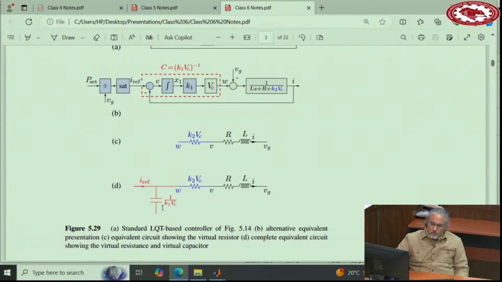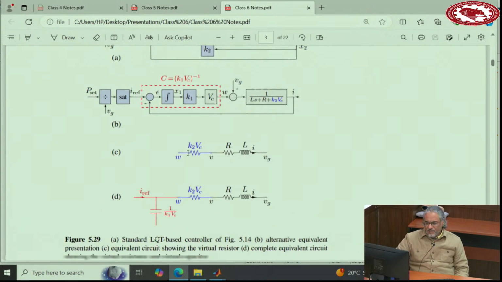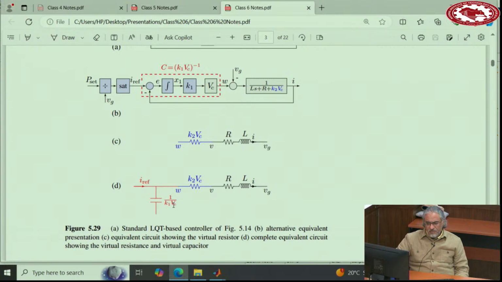If you really look at the numbers, K1 and VC. K1 is coming from the feedback loop, and then VC. For instance, for the system that we had, I think K1 was 10 and VC was 400 or something.